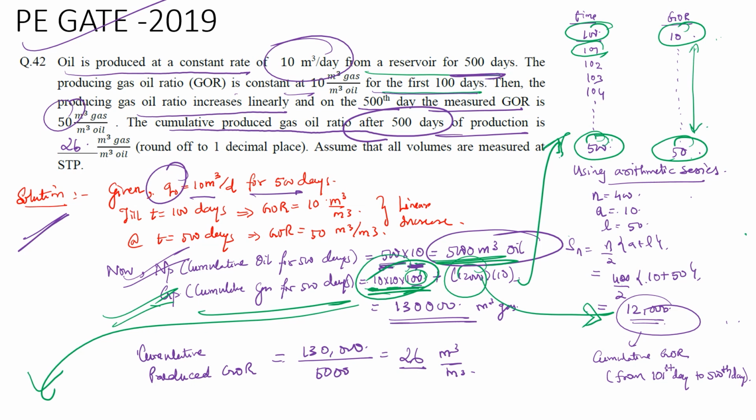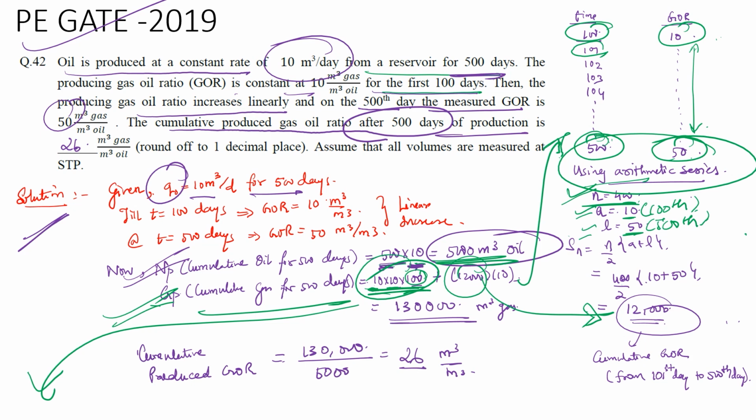Since it increases linearly, it is safe to use an arithmetic series. Using the arithmetic series, my n would be 400 and my first term is 10, that is, at the 100th day the GOR is 10, and on the 500th day it is 50.